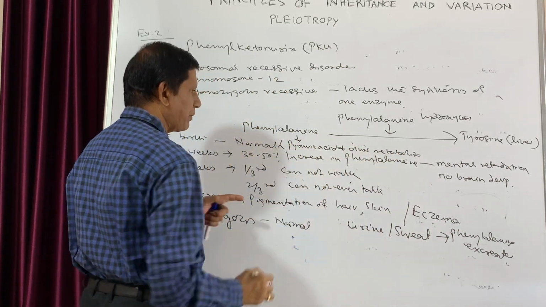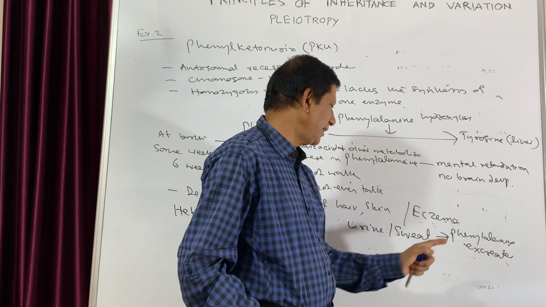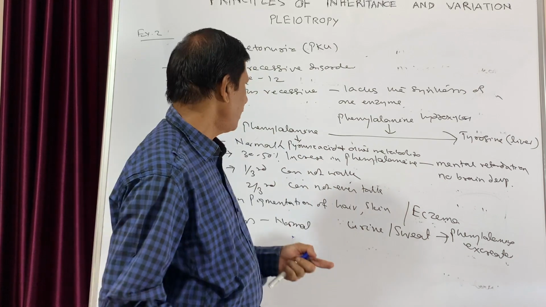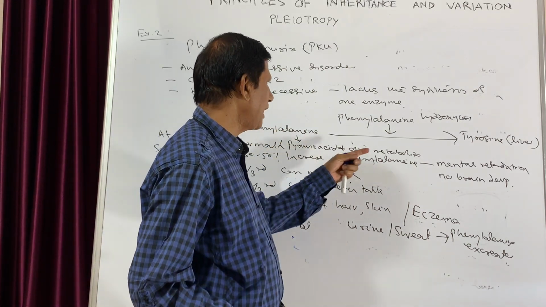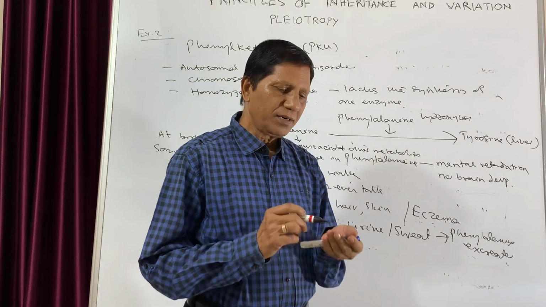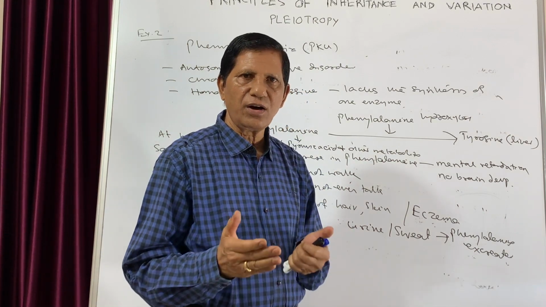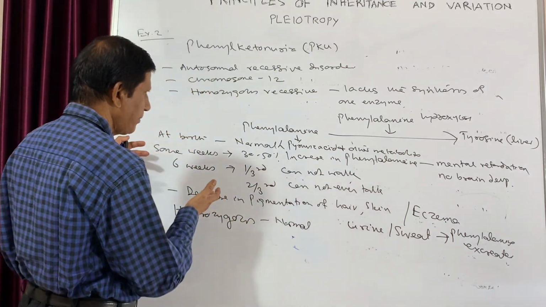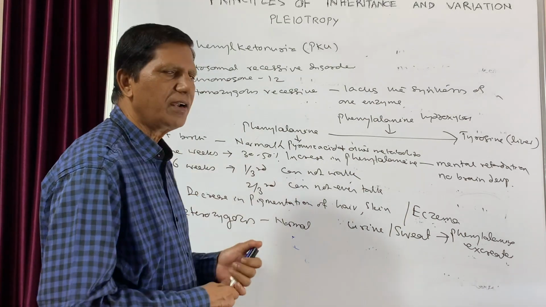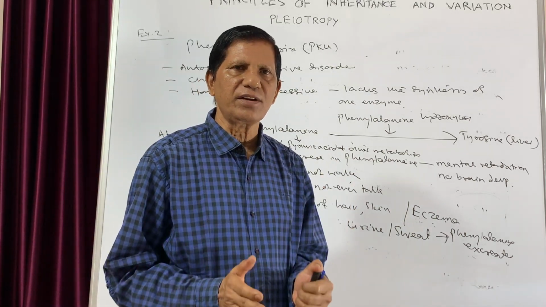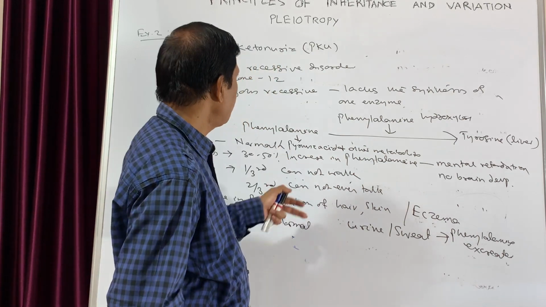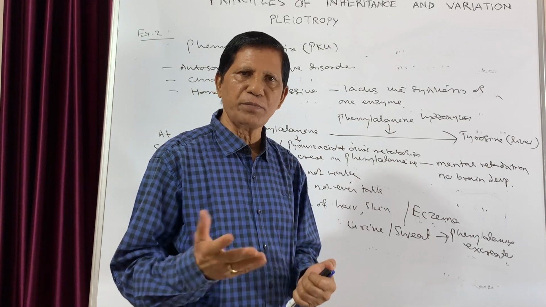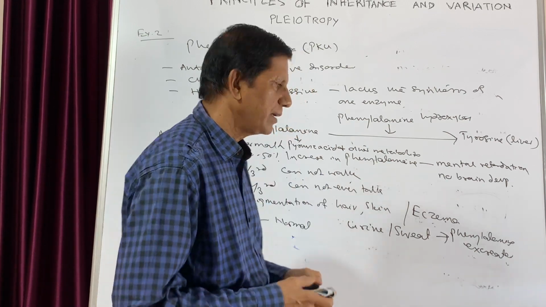That means in spite of the excretion of this phenylalanine through urine and sweat, still there is an accumulation of this phenylpyruvic acid and other metabolites, and they cause this retardation or underdeveloped brain. So these are the different types of symptoms which can be tested, and proper medication can be taken. So these are the two things, that is sickle cell anemia and phenylketonuria, that come under the examples of pleiotropy. Now let us discuss MCQs.